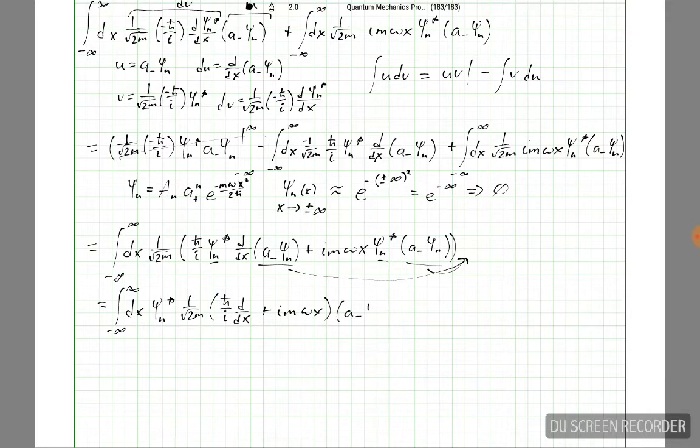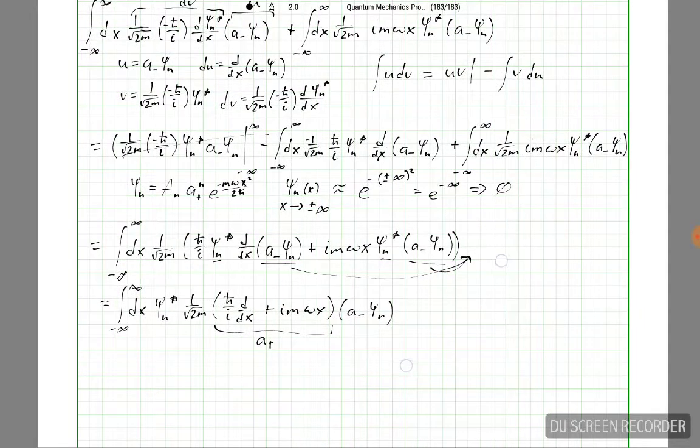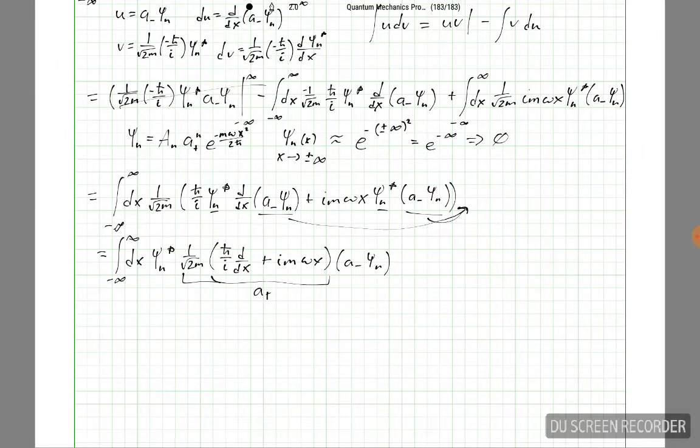And it's acting on this as a whole because lowering operator and psi n are buddies right now. So this guy, you'll notice now it is my raising operator. Oops, with the constant too. So what I have is now complex conjugate of the wave function times raising operator, lowering operator, and psi n.